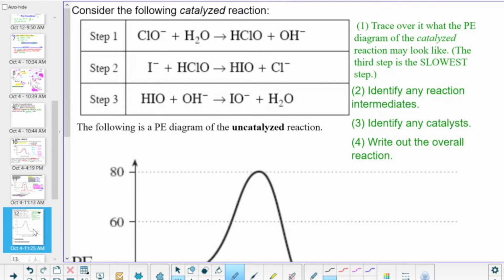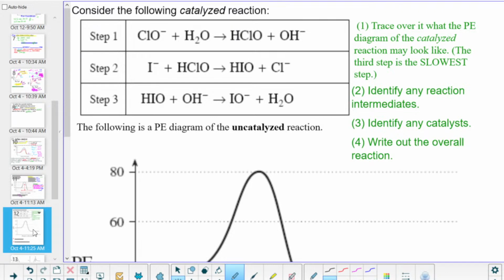You have, much like we had before, this is like the Huber reaction. This is 3 steps. I haven't given you the overall. Trace over it what the potential energy diagram for this would look like of the catalyzed reaction, knowing that this is uncatalyzed, 1 step. This is catalyzed, 3 steps.